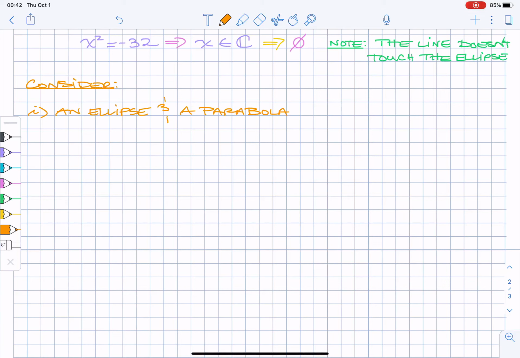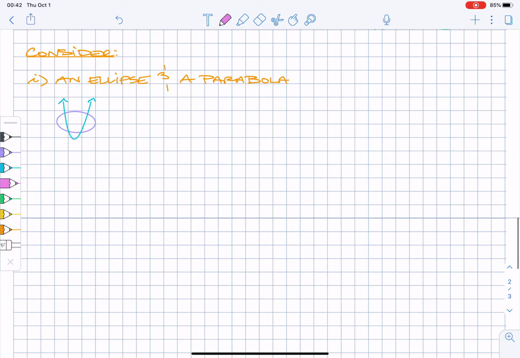Okay, so let's see if I can draw a little ellipse, if it'll autocorrect. Okay, there we go. Good enough for government work. So here's my ellipse, and let's draw a little parabola. In this first case, notice that there's 1, 2, 3, 4 shared points. So 4 shared points.